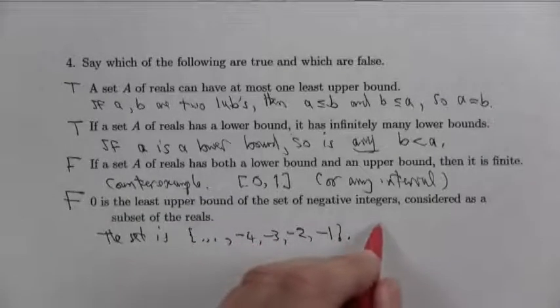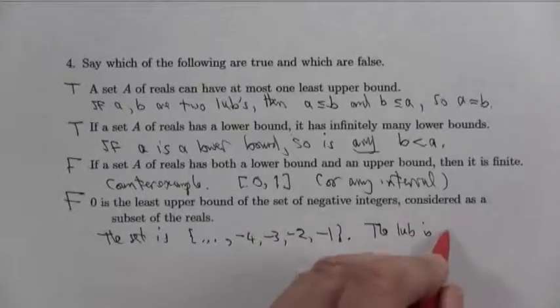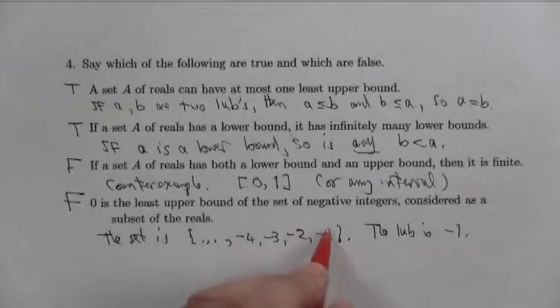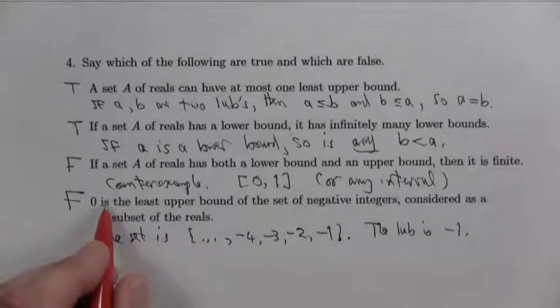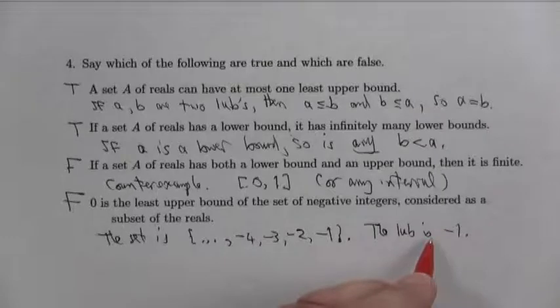But its least upper bound is negative 1, which is the maximum element. So in this case, the least upper bound is actually the maximum element. It's not 0, it's negative 1. Well, that's number 4 taken care of.